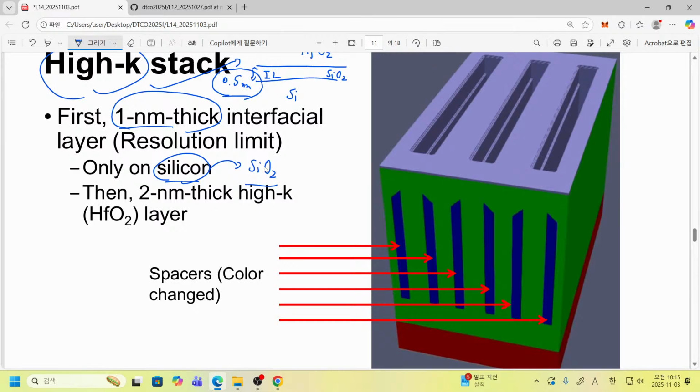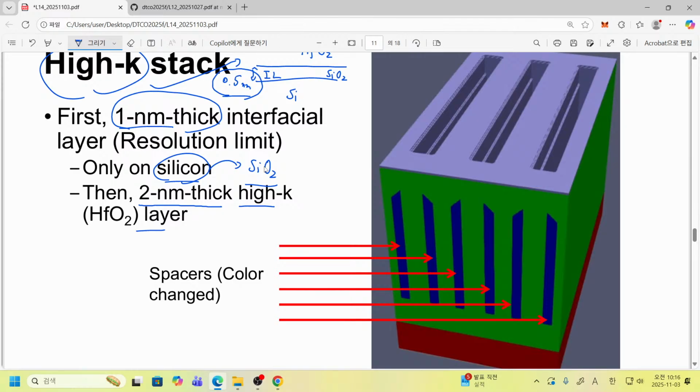Please understand, right now we cannot make such silicidation or oxidation. This kind of material conversion cannot be covered. So instead, we just assume that it is attached on top of existing silicon. After that, for the same position, we just add a 2 nanometer thick high K layer.